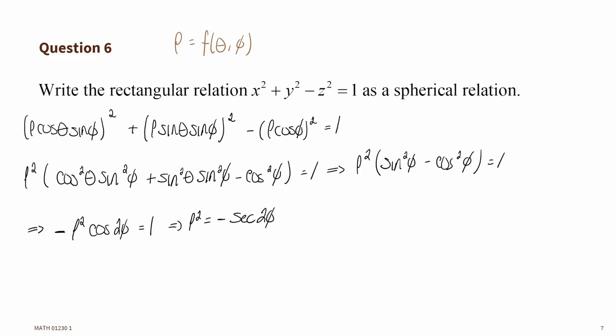Rho squared is negative secant of 2 phi, which means that secant of 2 phi is negative. Rho would then be the square root of negative secant 2 phi.